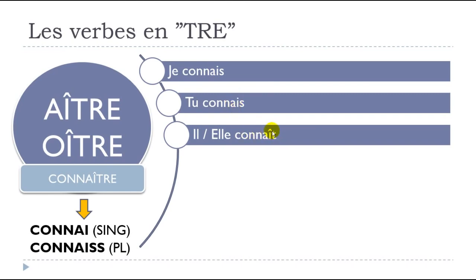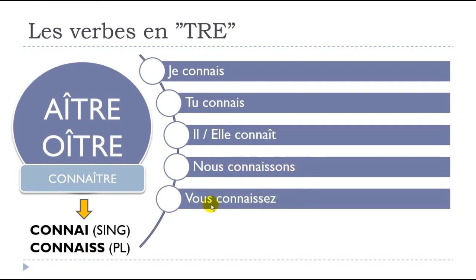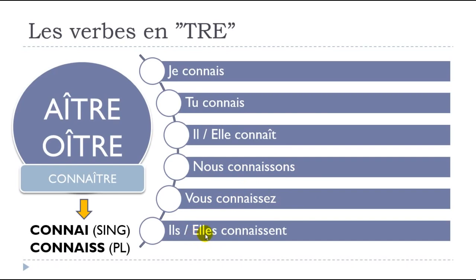It's strange, I know, but that's the way it should be done. For the plural form, we've got our stem here, connaiss, so we put it back and then add the ending ons. Nous connaissons, vous connaissez, ils connaissent, elles connaissent.